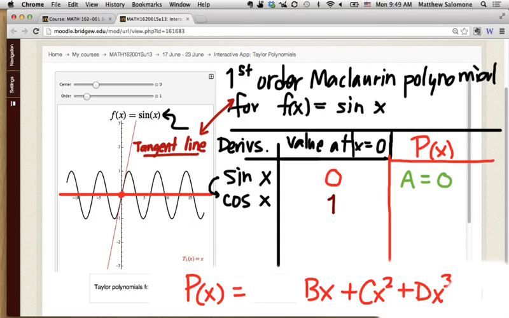Very good. So now our requirement is that when I take the derivative of my polynomial, p prime of x, that p prime of 0 should be equal to 1. But now let's take the derivative of this polynomial. What's the derivative of bx? Just plain b.